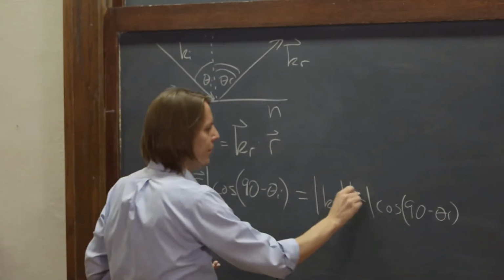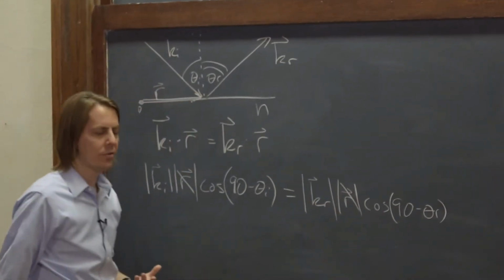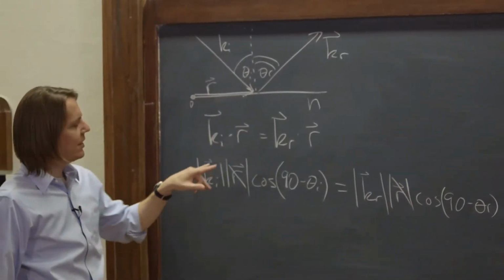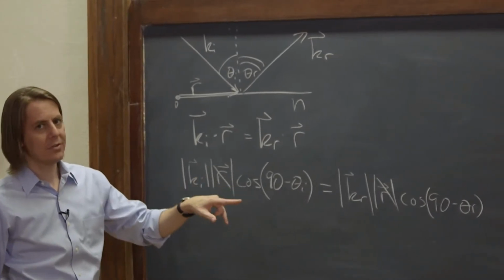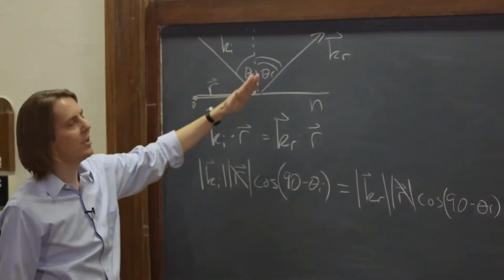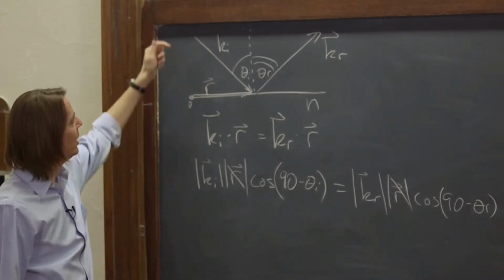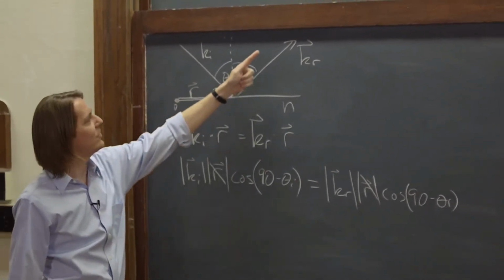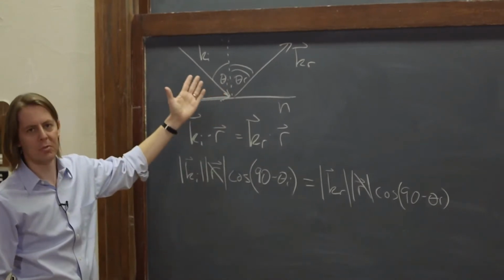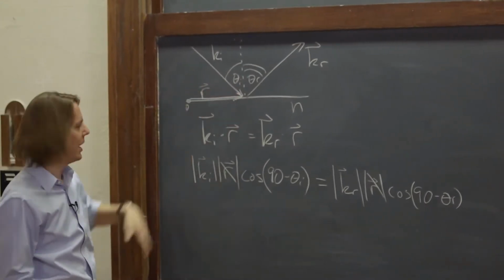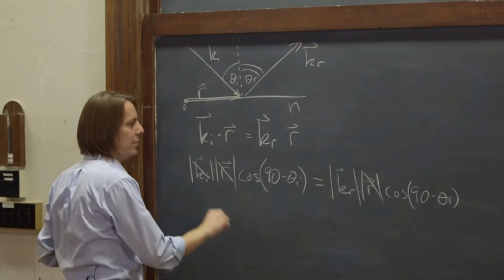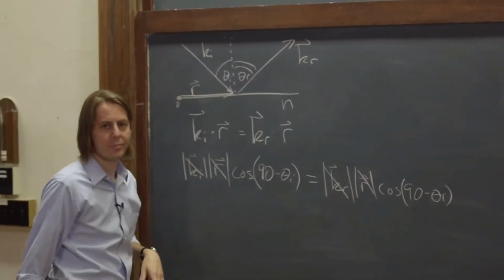The magnitude of the R vector cancels. Ki and Kr actually cancel because they are plane waves in the same medium, so they have the same wavelength. They are 2 pi over lambda. If the plane wave exists in the same medium and it's oscillating at the same frequency everywhere, if the omegas are the same, it has to be the same wavelength. So you can cancel Ki and Kr.